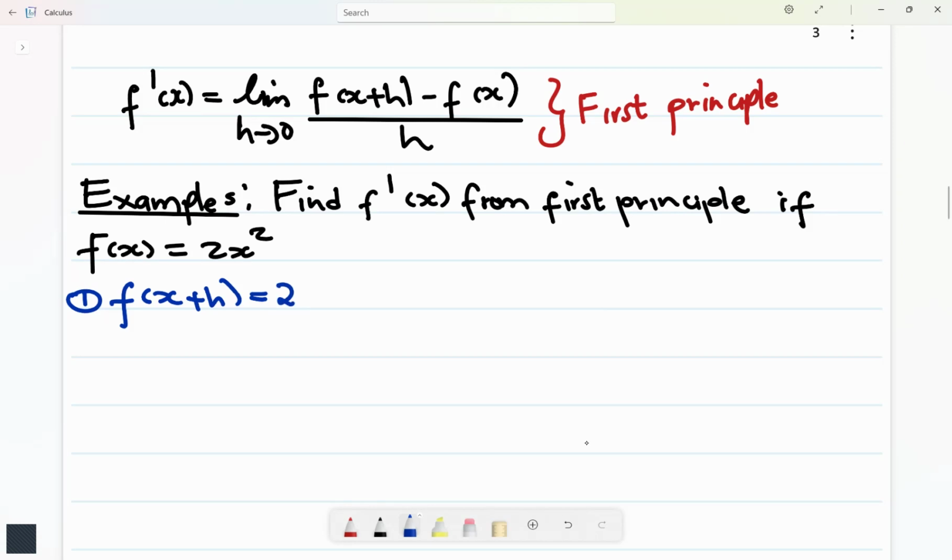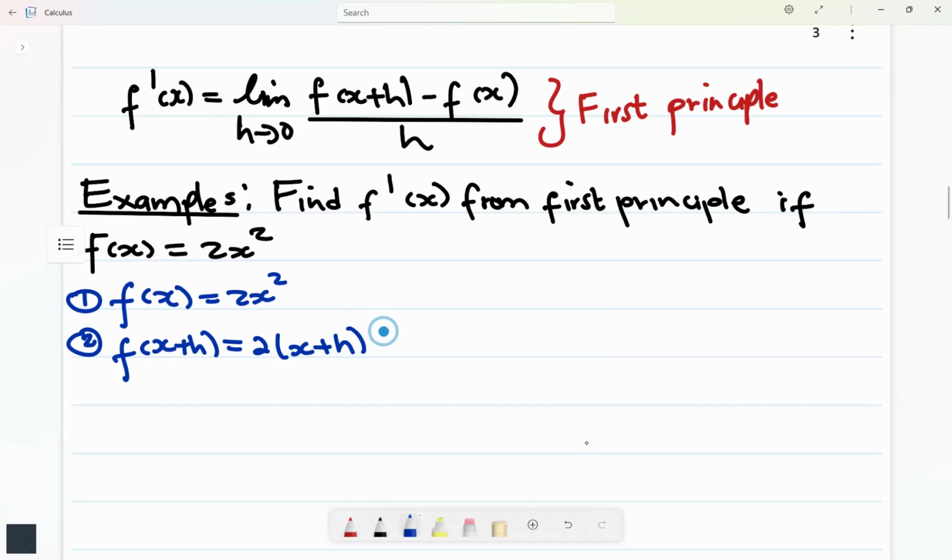What do I mean? Remember this is the original formula of f of x, right? Let me rewrite it actually. Number 2, I want f of x plus h. It is 2. Where I see x, I'll substitute x plus h, then I square. Can you see that? When I see x, I open a bracket and add h, and then I square that.